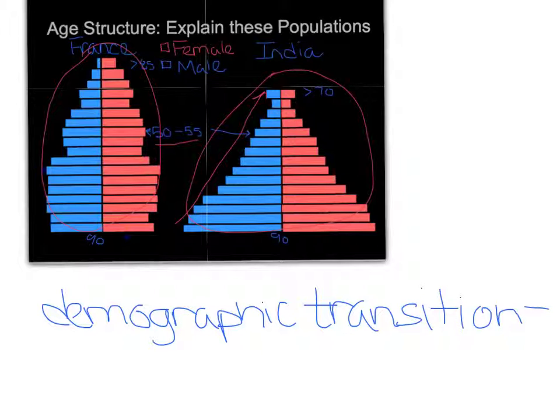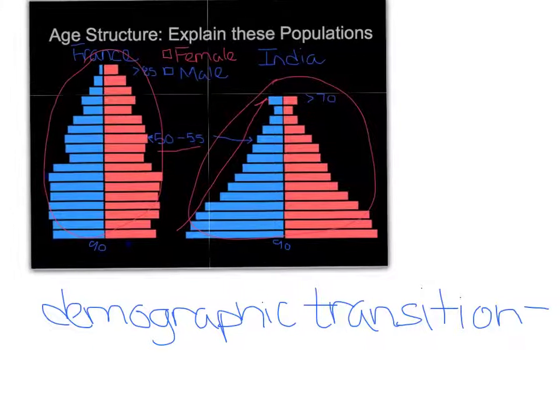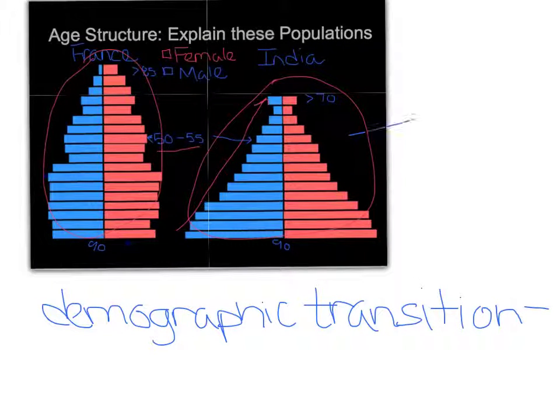So there's going to be some time where possibly India might start to look like France. And this would be what we consider a demographic transition, which is a dramatic change in birth and death rates, which are going to influence the population.